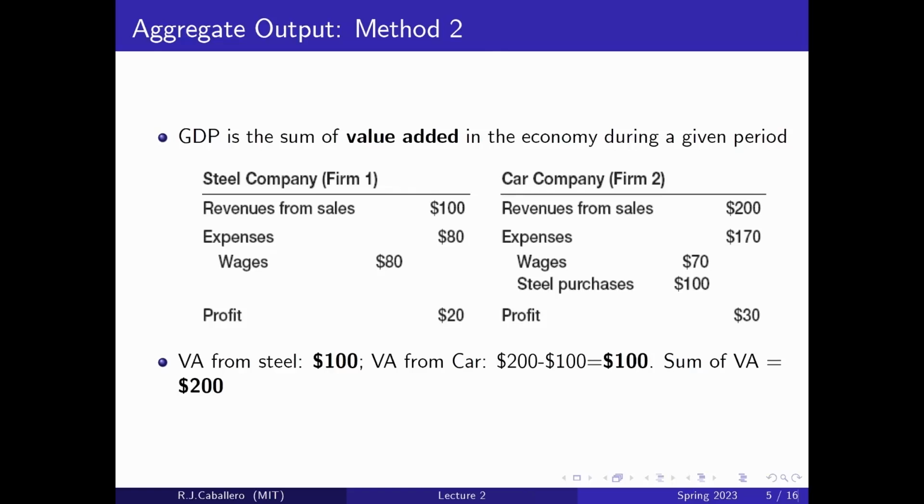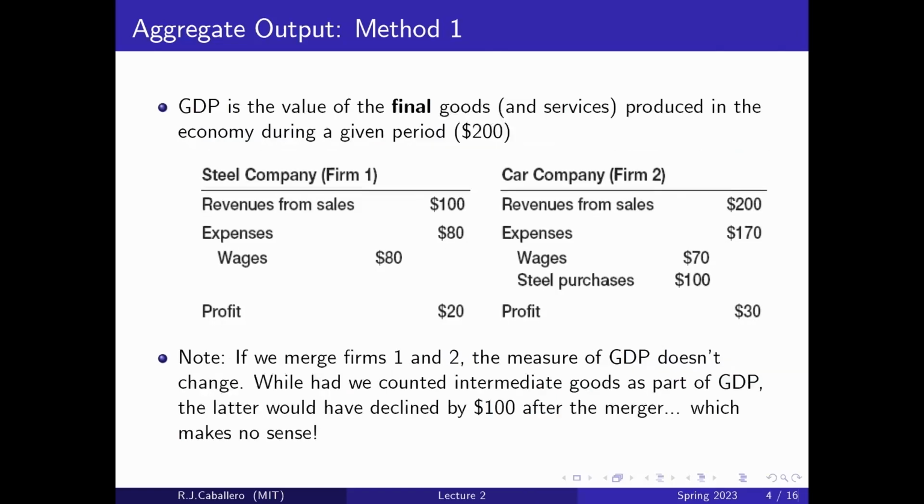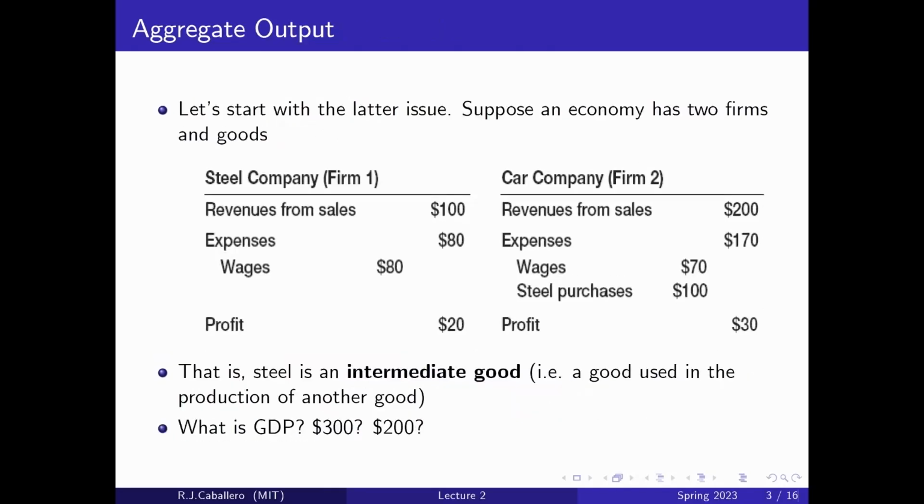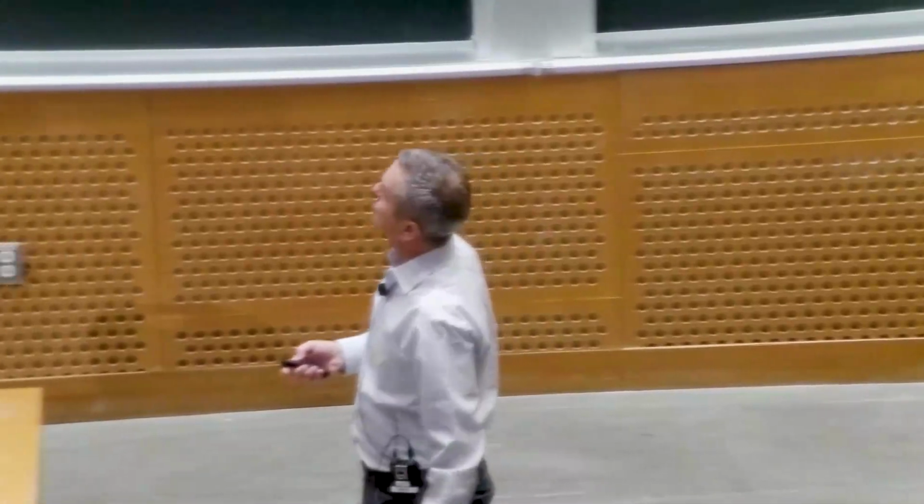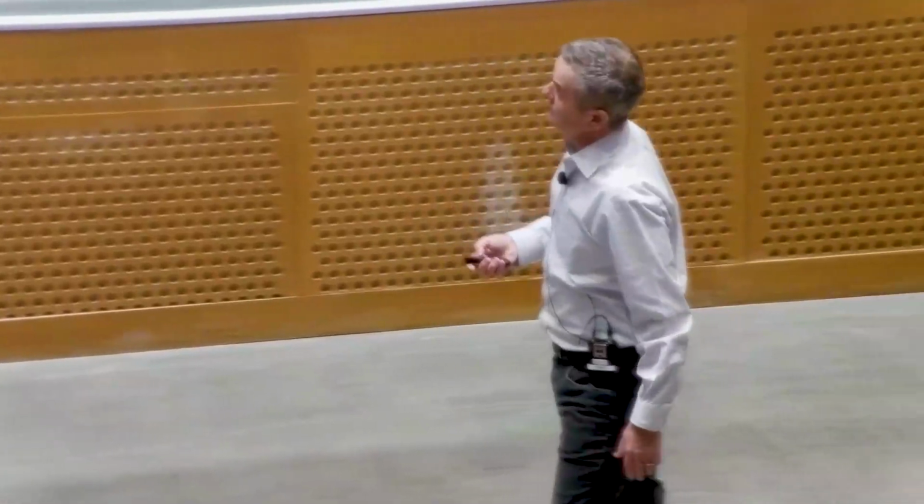And the same happened with method one, because still the sales of final goods is only 200. The naive approach of just summing output would be terrible, because once you merge, output would collapse from 300 to 200. That tells you that's not the right way of doing things. So the three methods we propose do work and are immune to changes in the organizational structure.